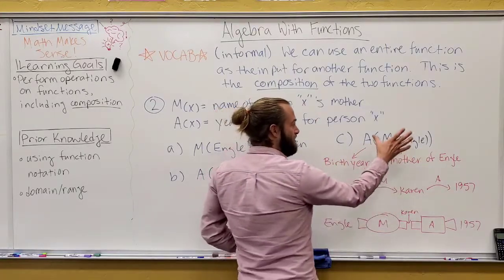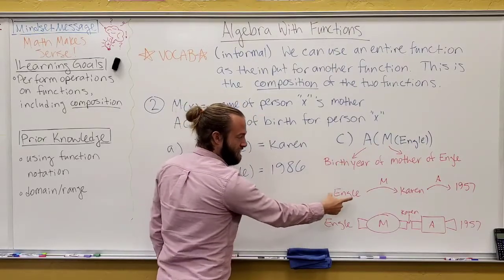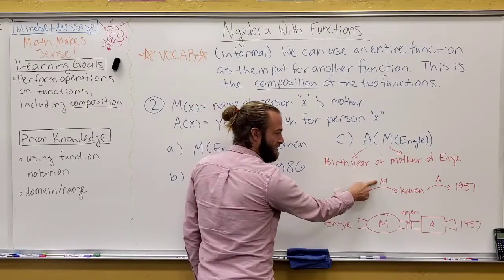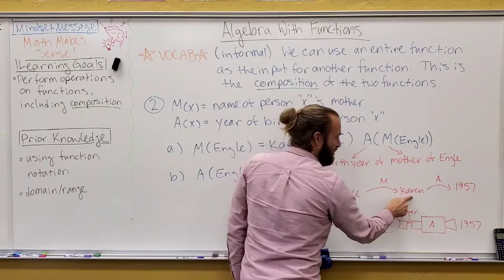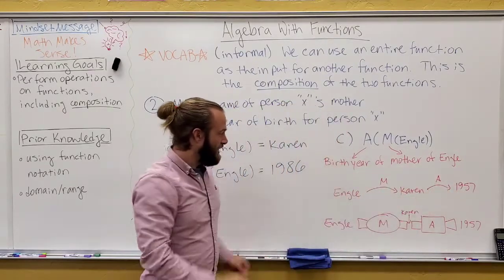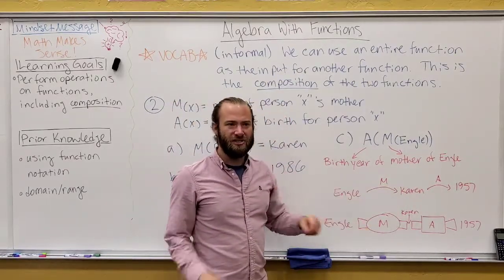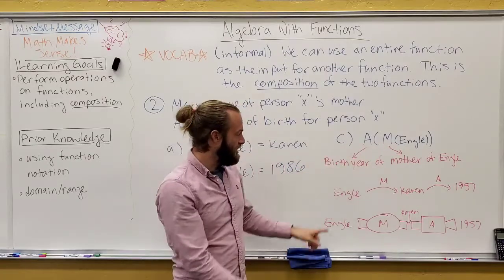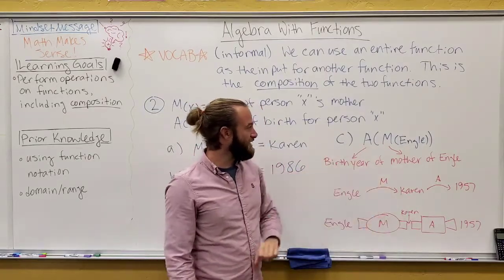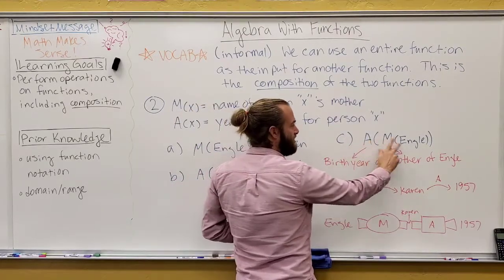Now it's important to think about something here, because I put different interpretations. If I take Ingle and I apply M, then my mother's name is Karen, and then I apply A, her birth year was 1957. And I think about it in these diagrams, or sometimes we've learned functions like they're a machine that takes an input and alters it and puts out an output. So these are basically the same idea as each other. It is weird because sometimes students accidentally apply this in the wrong order.